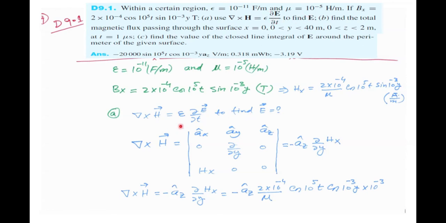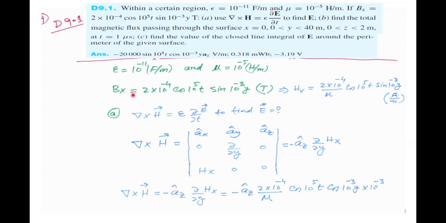So first, expand del cross E in the rectangular coordinate system, and in the present case we are given only the x component of the magnetic flux density. From this component you can easily define the x component of the magnetic field, since B is related to H through the permeability of the magnetic material.